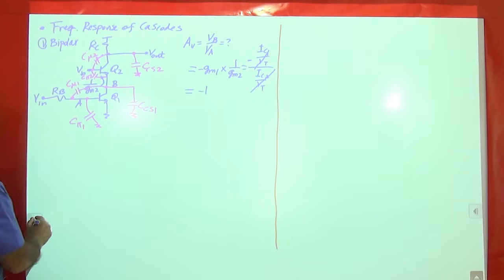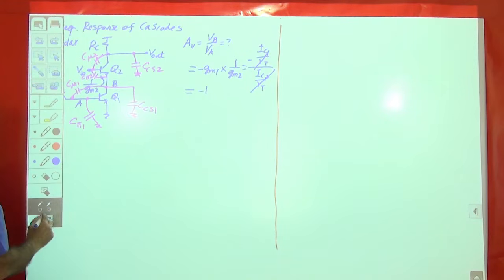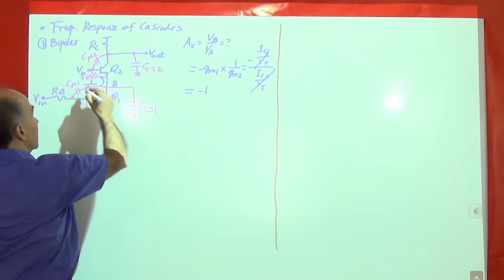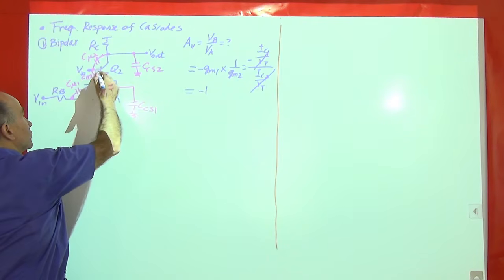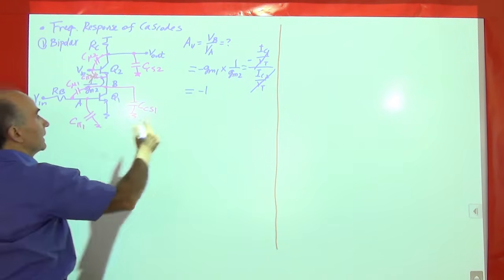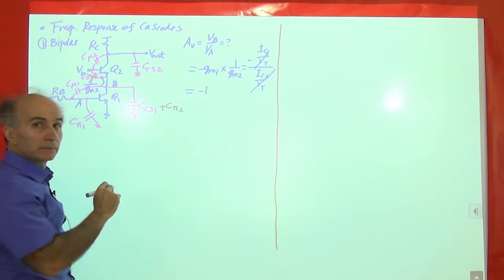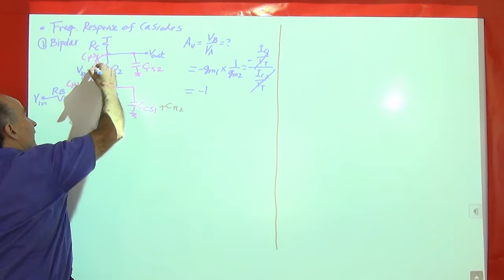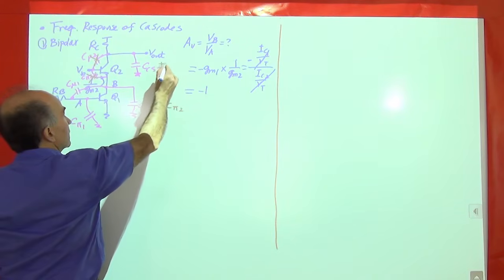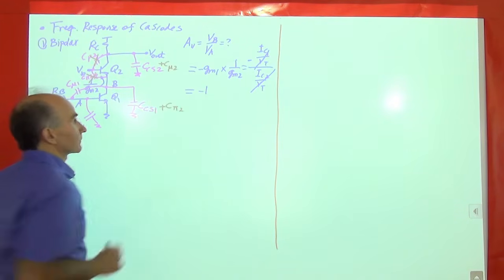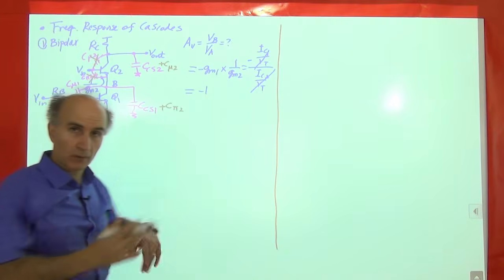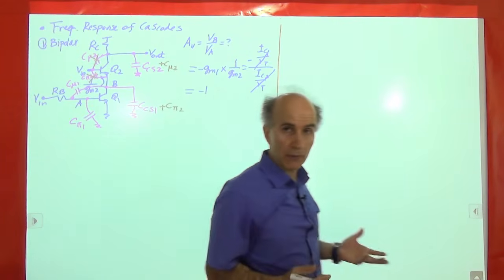Okay, so let me change the color and write those out. So what I see is that I can cross this out and write it here, C pi 2. I can cross this out and write it here, C mu 2. That's great. So we got rid of 2 capacitors. Now the circuit is simpler.